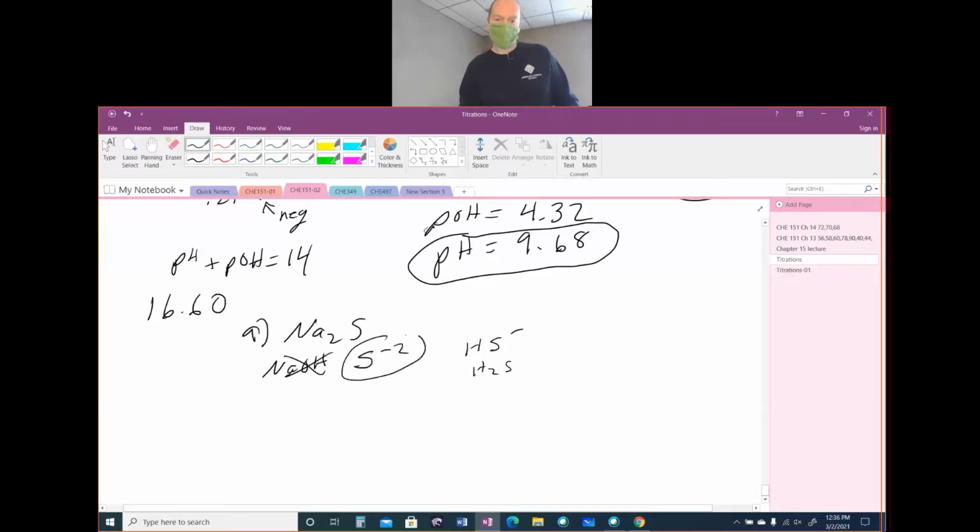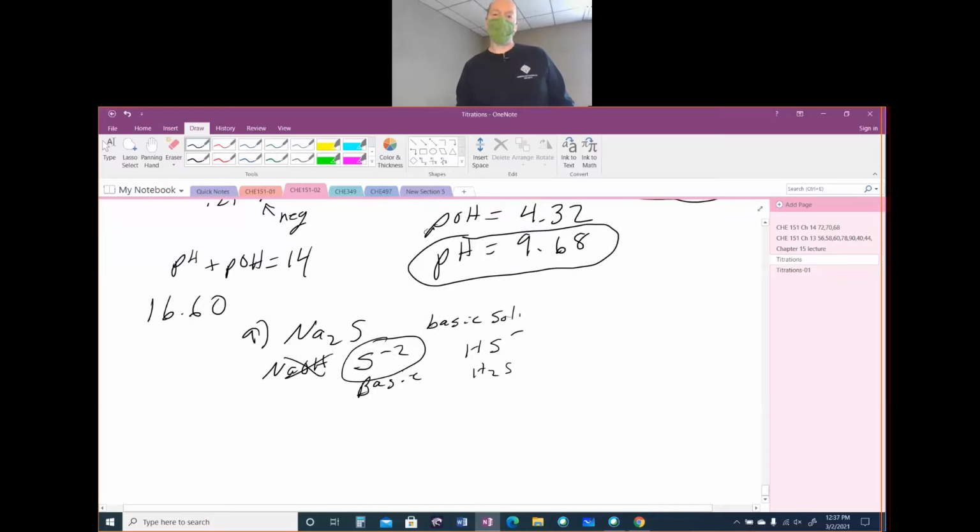And so this is actually basic. Since sodium has no effect on the pH and S minus 2 is basic, this is going to be a pH greater than 7. So this is going to be a basic solution. If you take water and dissolve sodium sulfide, the pH is greater than 7.